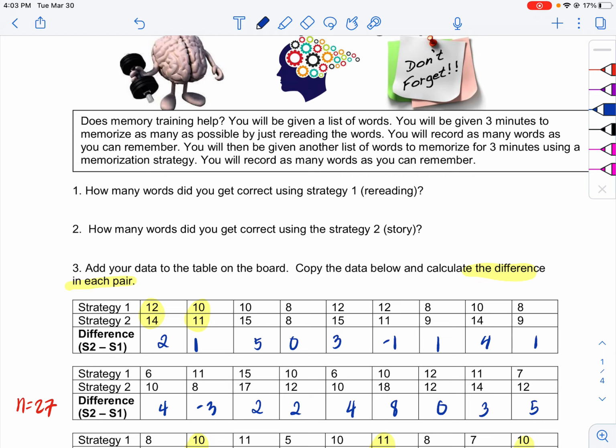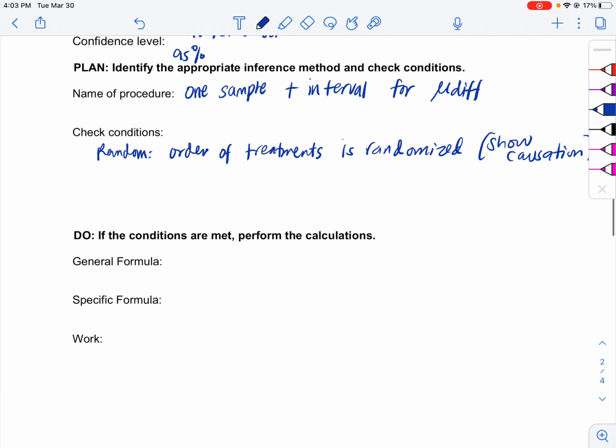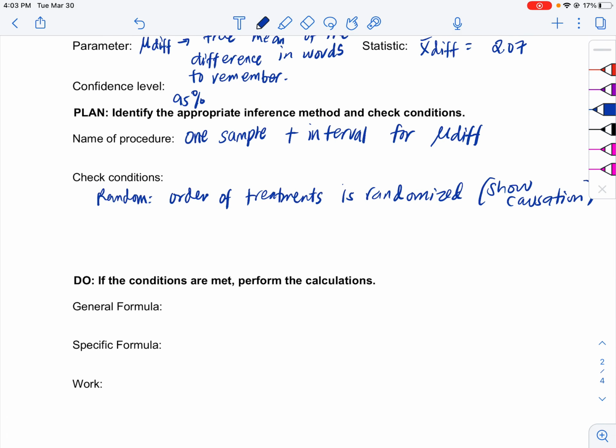Or some students do it the other way around. So the order of the treatment is randomized. Because we don't want to give all of the students the same strategy at the same time, all in the same group. We have to make sure that the order of strategy 1 and strategy 2 is given to them randomly.